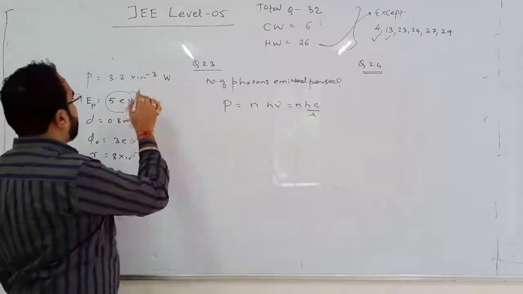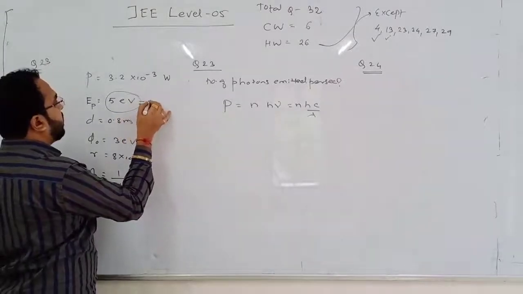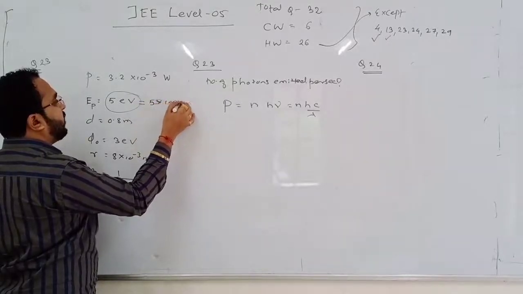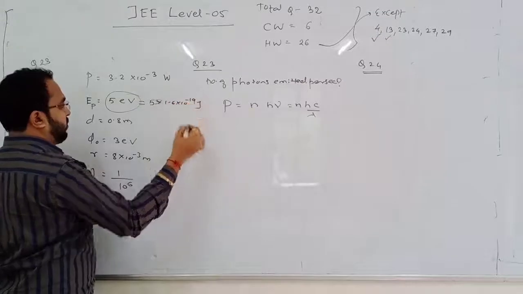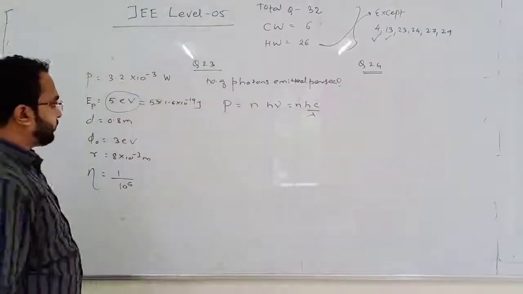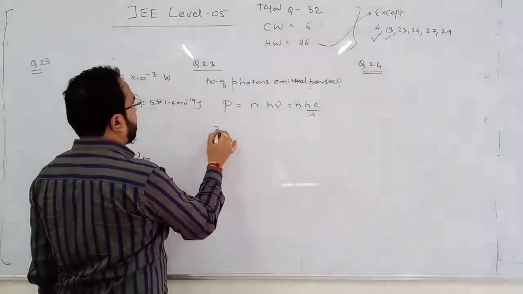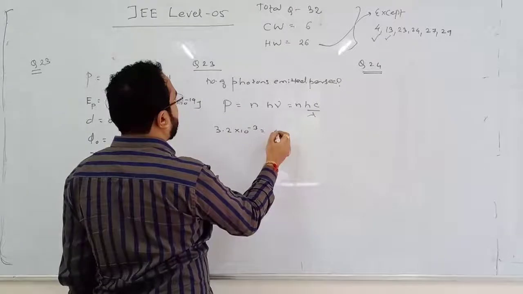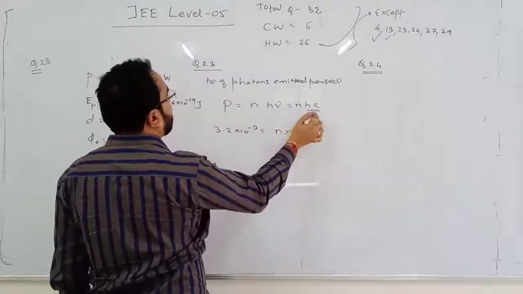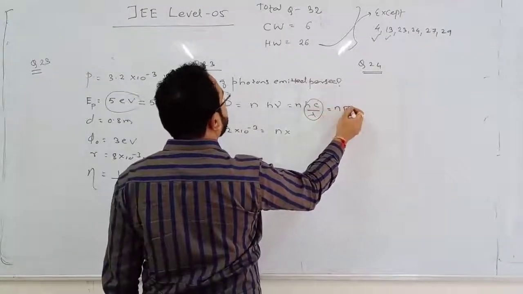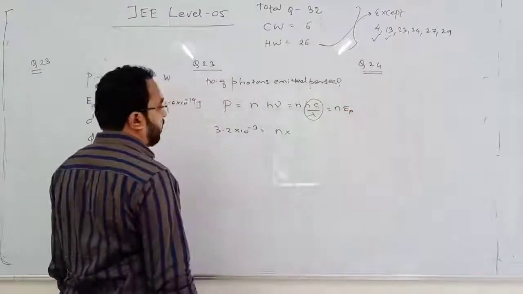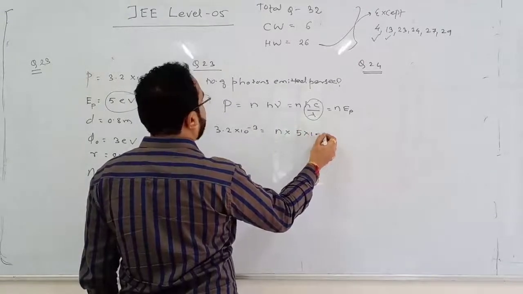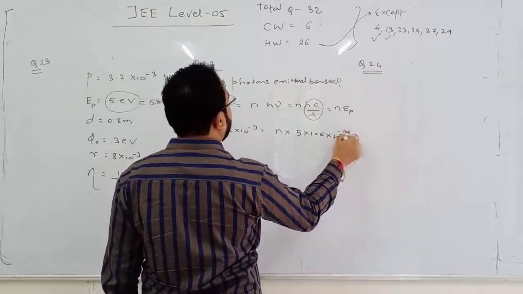Power is this much. First of all you have to convert this into joule, because it is in electron volt. It will be 5 into 1.6 into 10 to the power minus 19 joule. So power 3.2 into 10 to the power minus 3 is equal to n into energy hc by lambda, which is nothing but 5 into 1.6 into 10 raised to power minus 19.